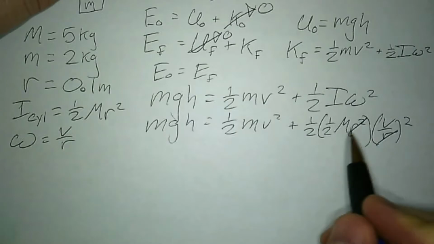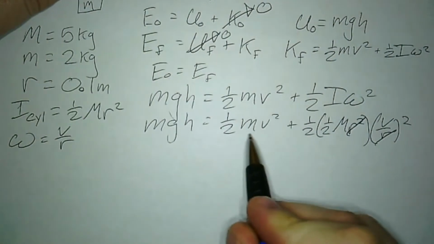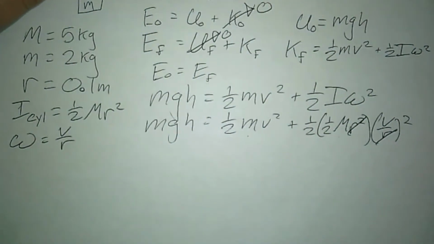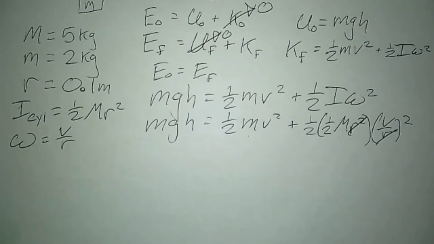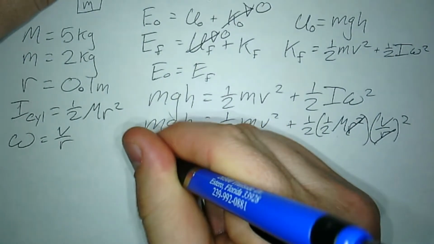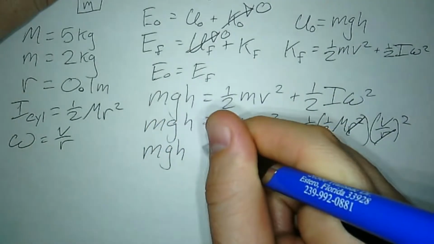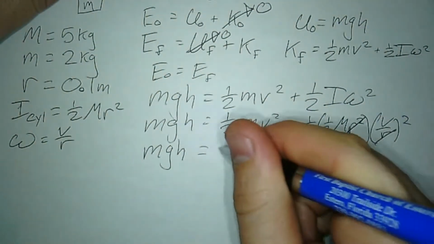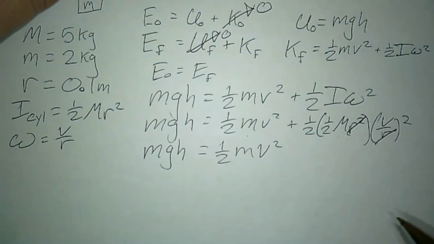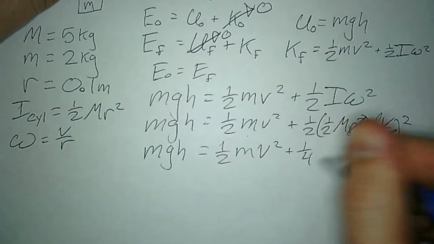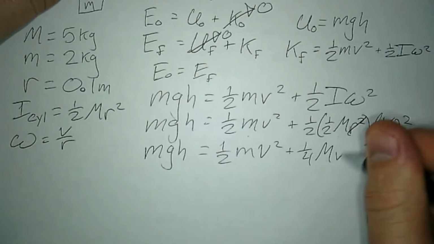But now my masses don't, because this is a different mass. This is little m, that's big M. So it can't quite get rid of the masses here, because the mass of this flywheel is going to matter. Okay, so I still have to solve for V. So now I'm going to have mgh is equal to 1/2 m v squared plus 1/4 big M v squared.